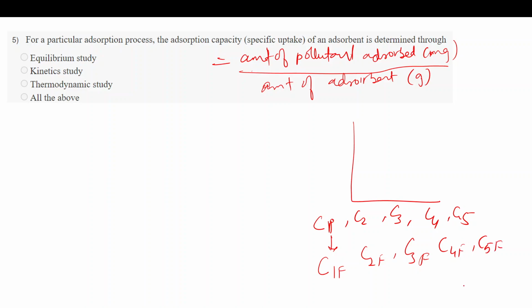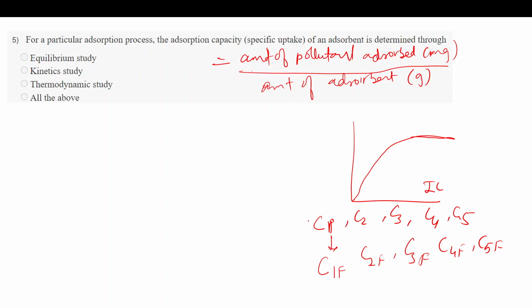Now you calculate how much pollutant has been removed for each of these concentrations, and you have a plot of amount of pollutant removed and here you will have initial concentrations. So you will have a plot like this.